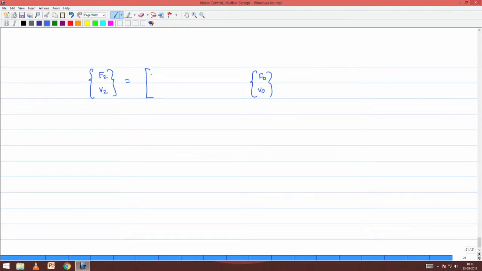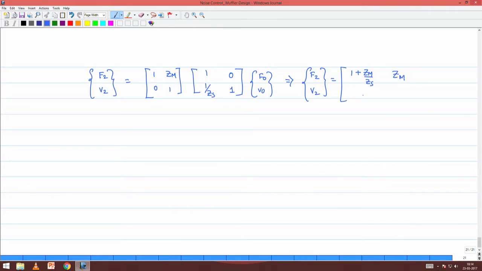That will be the product of the two transfer matrices, which are given as [1, Zm; 0, 1] and [1, 0; 1 by Zs, 1], and if you multiply them, what we get is the following: F2 V2 is given by [1 plus Zm by Zs, Zm; 1 by Zs, 1] times F0 V0.